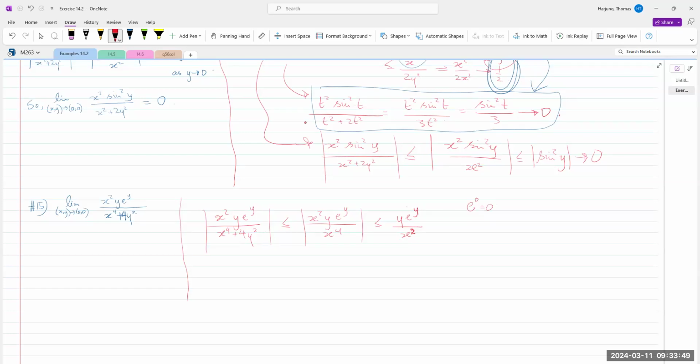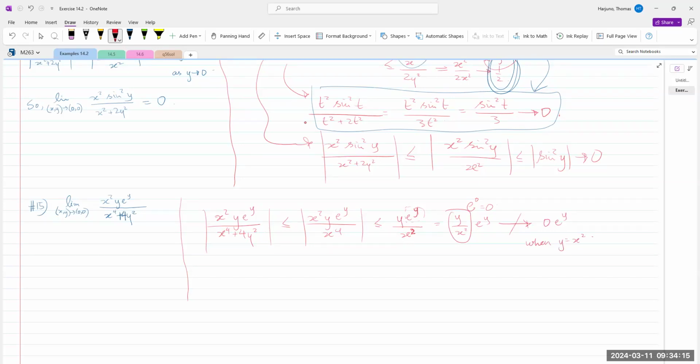Okay, so I don't worry about this for now. In other words, I can say this is y over x squared of e to the y, but this will not go to 0. This will fail to go to 0 when y equals x squared.